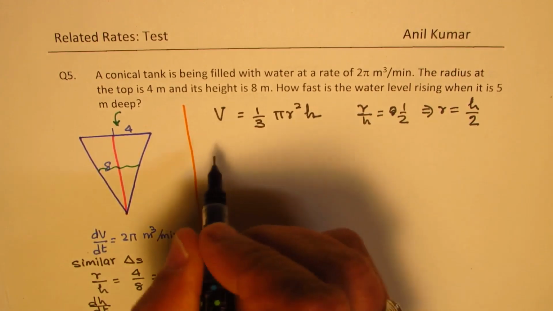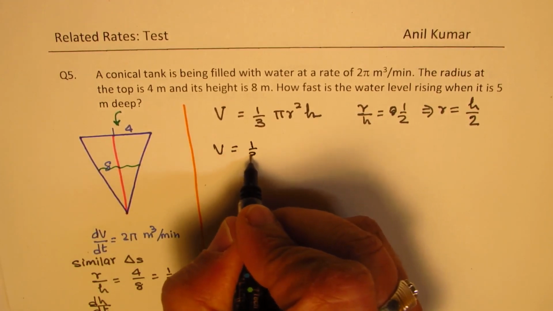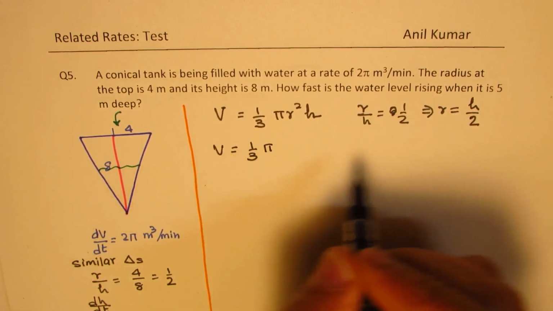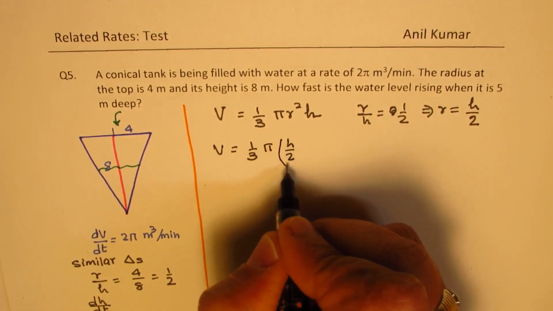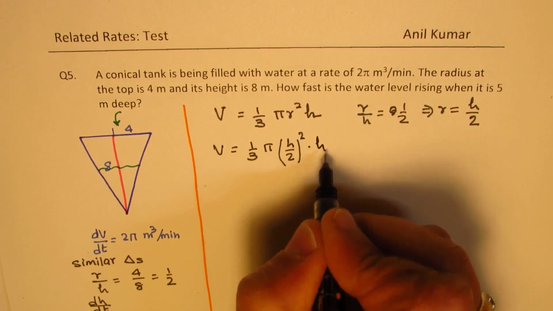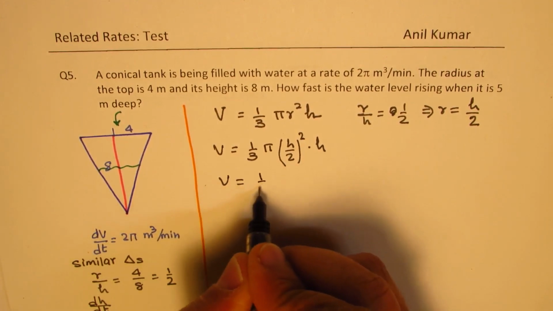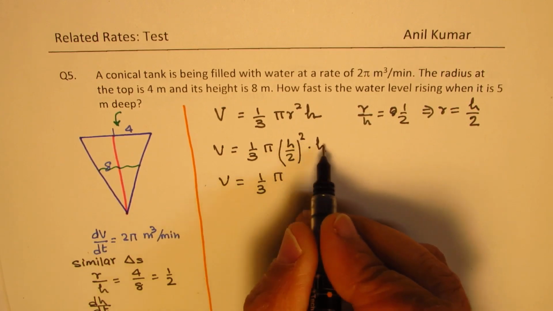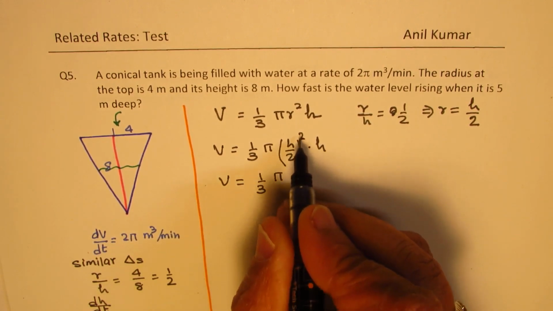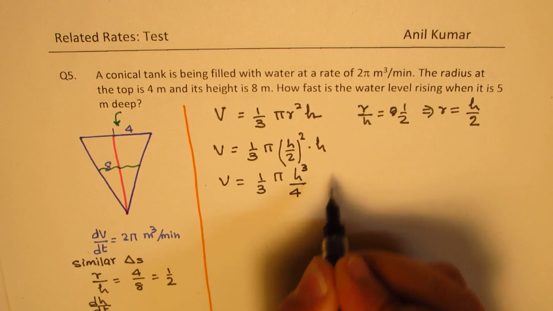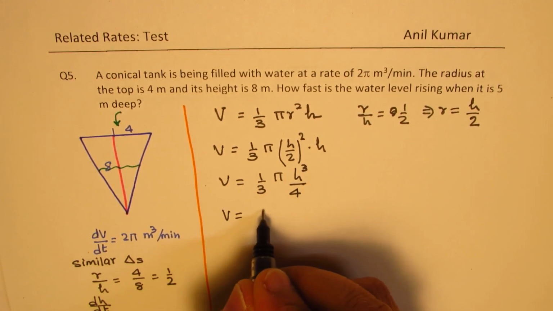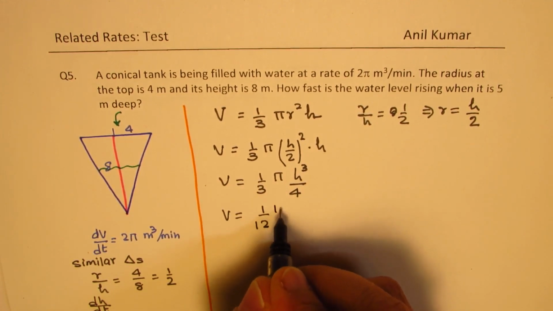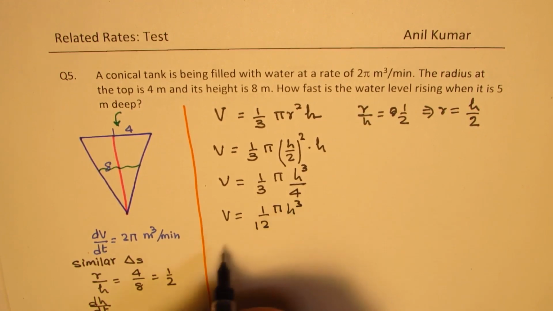Replacing that, we get the volume as 1/3 π (h/2)² times h, or 1/3 π h² times h, which is h³, and 2 squared is 4. So we have the volume as 1/12 π h³.